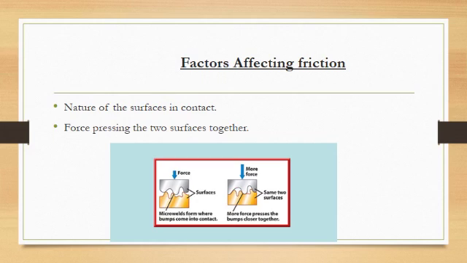So these are the two factors: the nature of the surfaces in contact, meaning smoothness or roughness, and the force pressing the two surfaces. The more force applied, the more will be the force of friction, because irregularities interlock with each other with more force, and it will be difficult to unlock them with a small force. So more will be the force of friction.